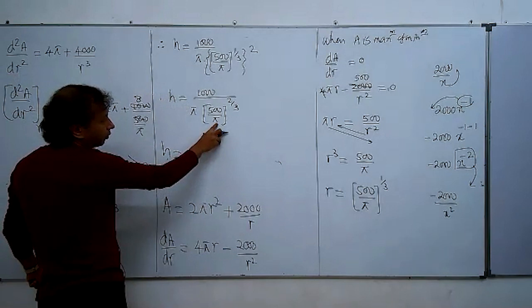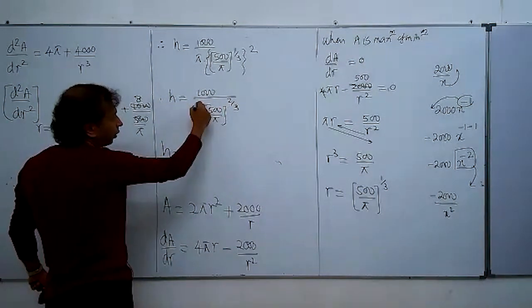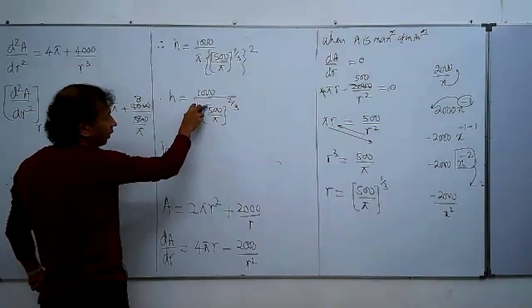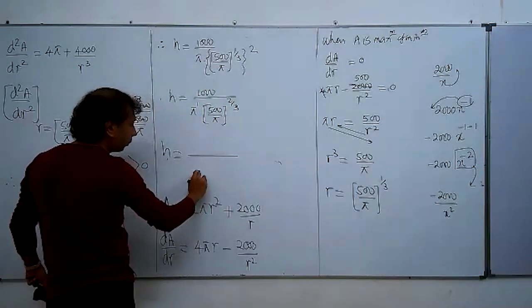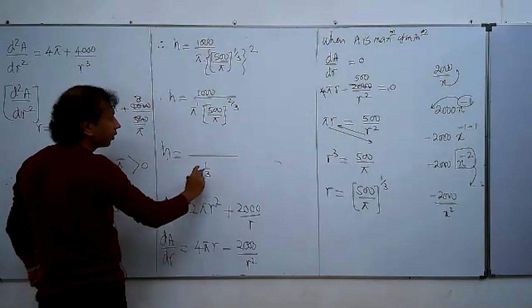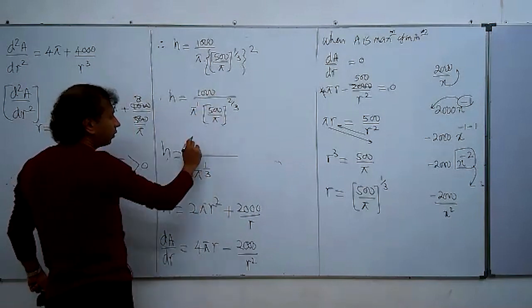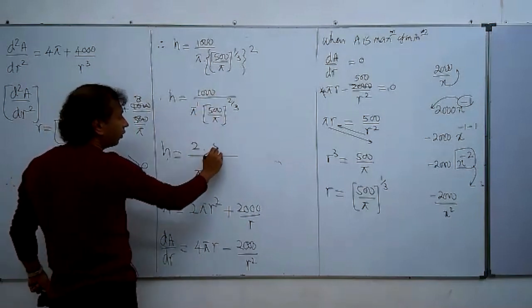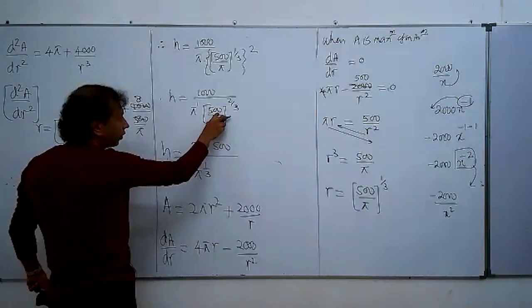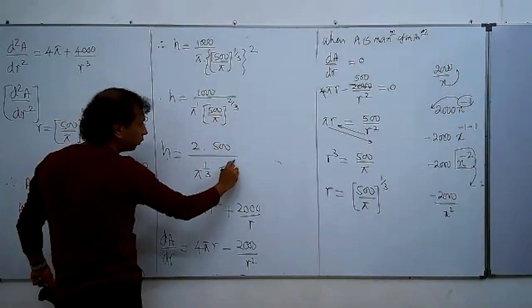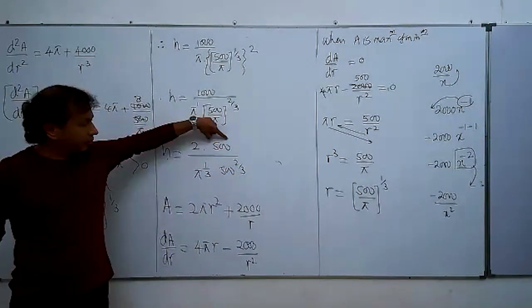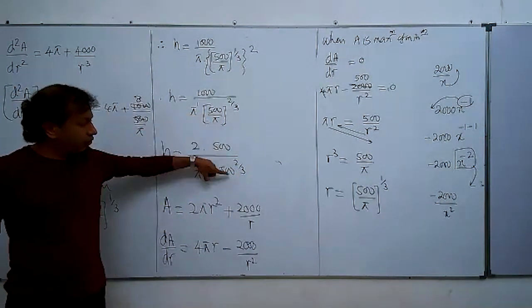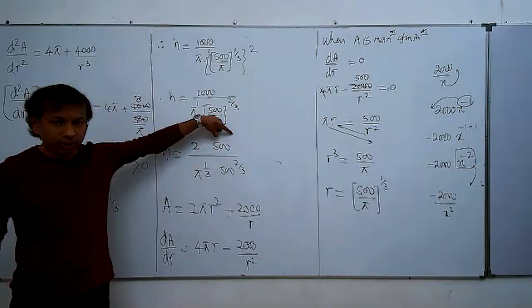Here pi to the power 2/3, here pi to the power 1. When you simplify, we get denominator pi to the power 1/3. This 1000 I can write as 2 into 500. Here 500 to the power 2/3, here the numerator power 1. When you simplify, we get 500 to the power 1/3 in the numerator, no?